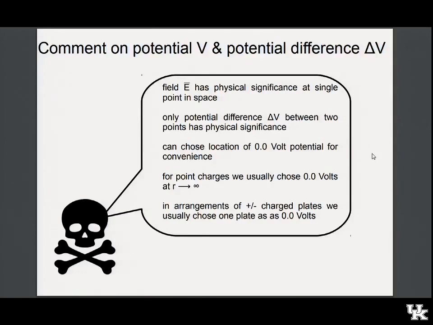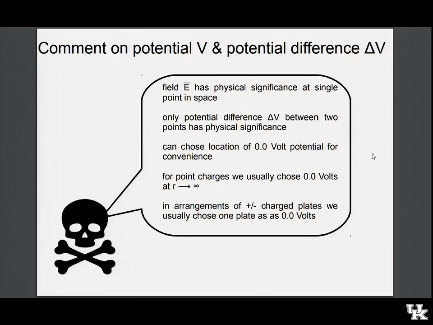Now, here's a couple of important points. When we talk about the electrical field, we can talk about the electrical field at a single point. I can tell you that it's 1,000 newtons per coulomb at this point, or 100 newtons per coulomb at this other point.